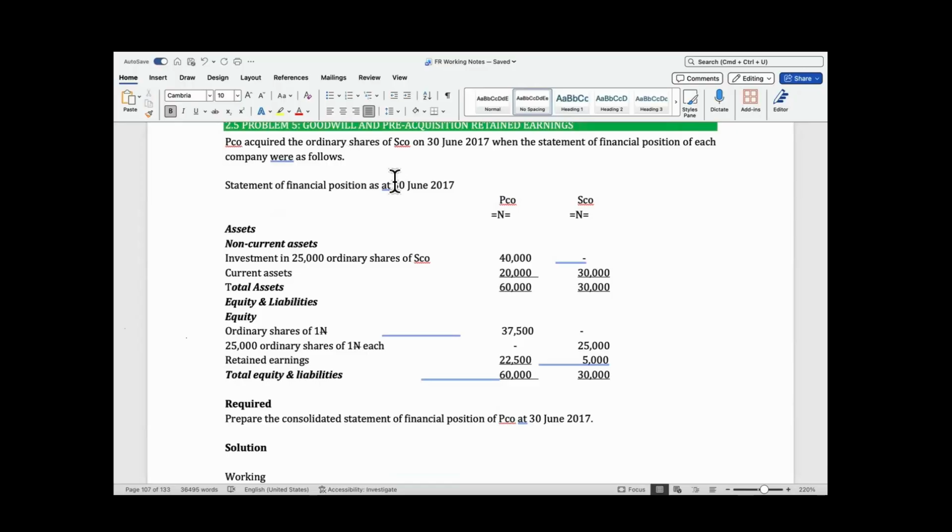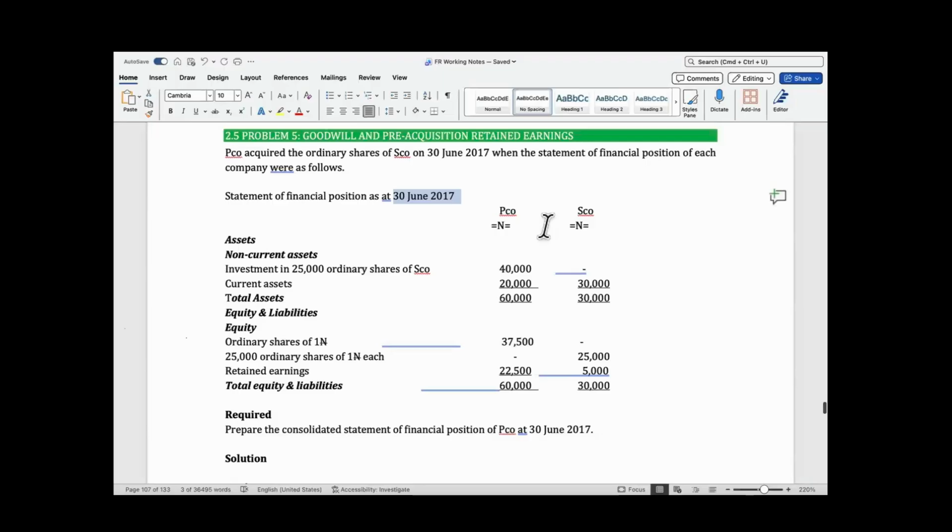So they give a statement of financial position of the two companies, parent and subsidiary, and I'm asked to consolidate. Can any one of you tell me the similar items here that we're going to cancel out in Pico and ESCO? You can tell me the items that I will cancel out here.